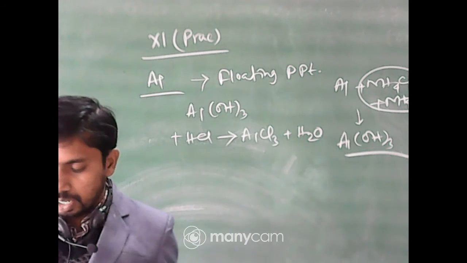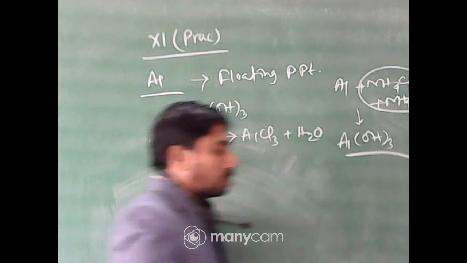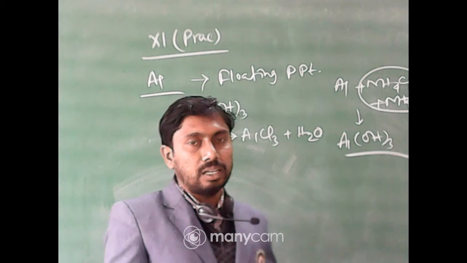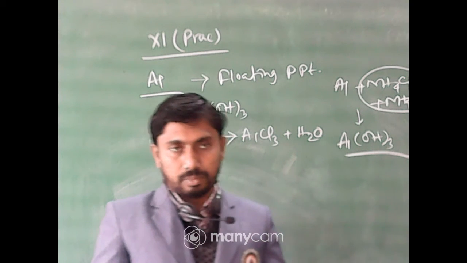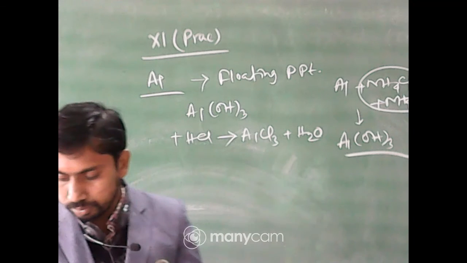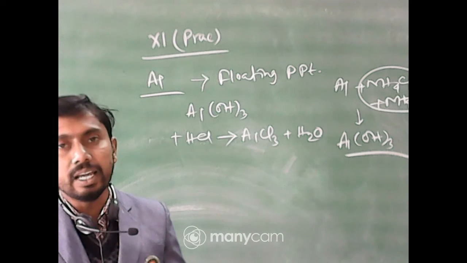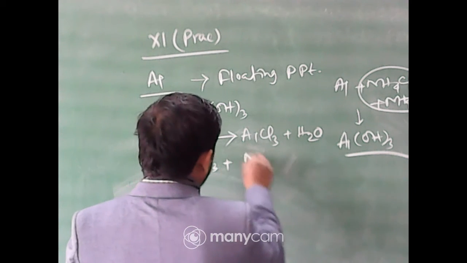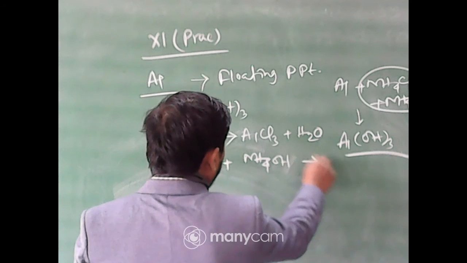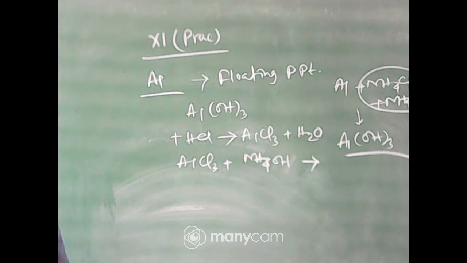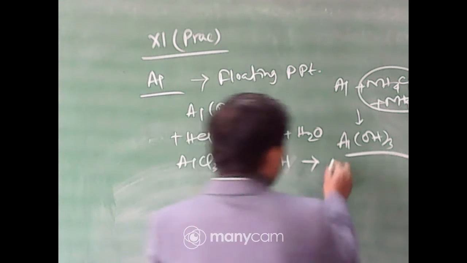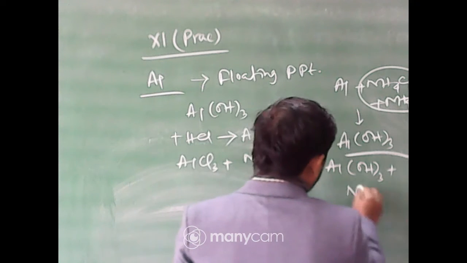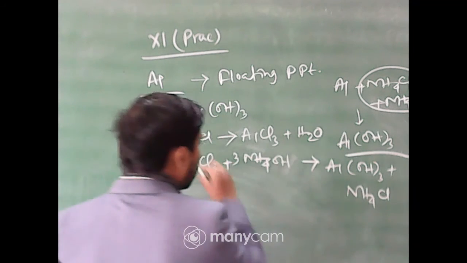Now, to prove this we check the pH of the solution. For this we will add an indicator there. What is the indicator? Litmus or phenolphthalein indicator. Next we will add NH4OH again. So, AlCl3 in the medium plus NH4OH, again it will produce aluminium hydroxide, with NH4Cl.